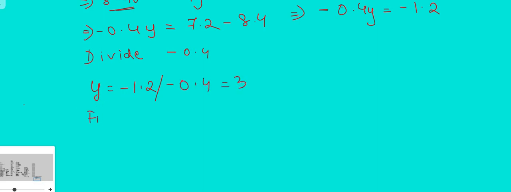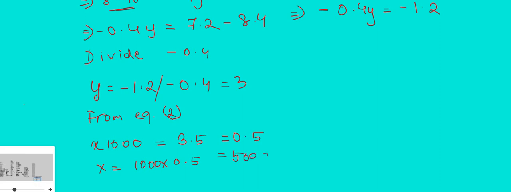From equation 2, X over 1000 is equal to 3.5 minus 3, which is 0.5, and then X is equal to 1000 into 0.5, which is 500 grams.